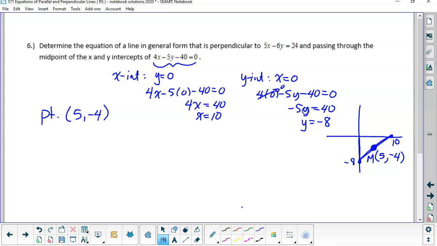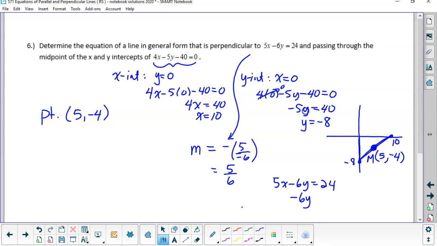In terms of the slope, take a look here. For this one, you can solve for y, but remember it's going to be 5 divided by negative 6 and change the sign. So it's going to be 5/6. If you need to solve for y, then go for it. It would be 5x equals 24. Actually, in this case, it's not in general form, is it? So I go 5x, and just copy it out.